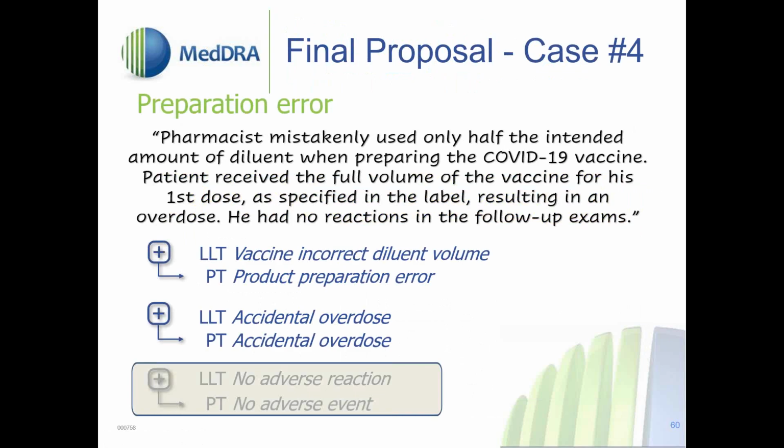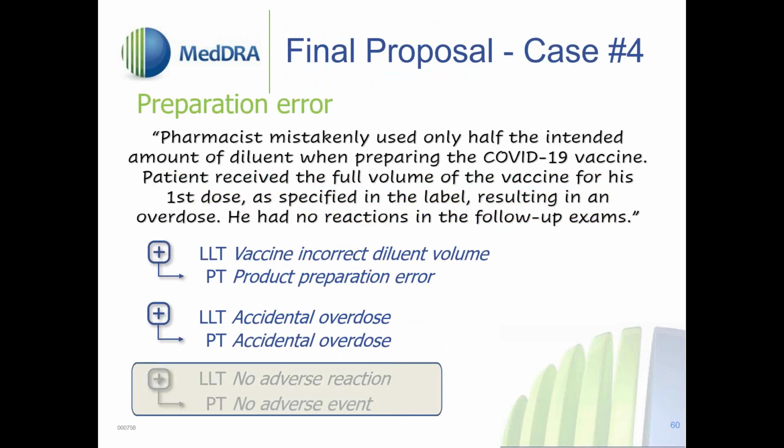You would capture the vaccine on the LLT level, but for analysis purposes, because analysis is run on PT level mostly, you would need the information that this was an accidental overdose on PT level, and that's why the PT level has to be considered in this instance. So if you would choose LLT vaccine overdose, you would end up with PT overdose only.